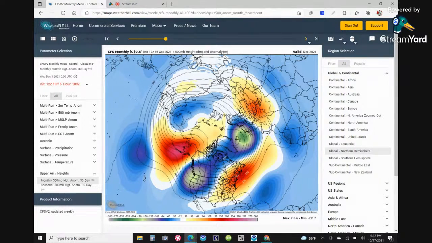So December here, it's showing a pretty strong ridge here in the east. I mean, this would be a killer.